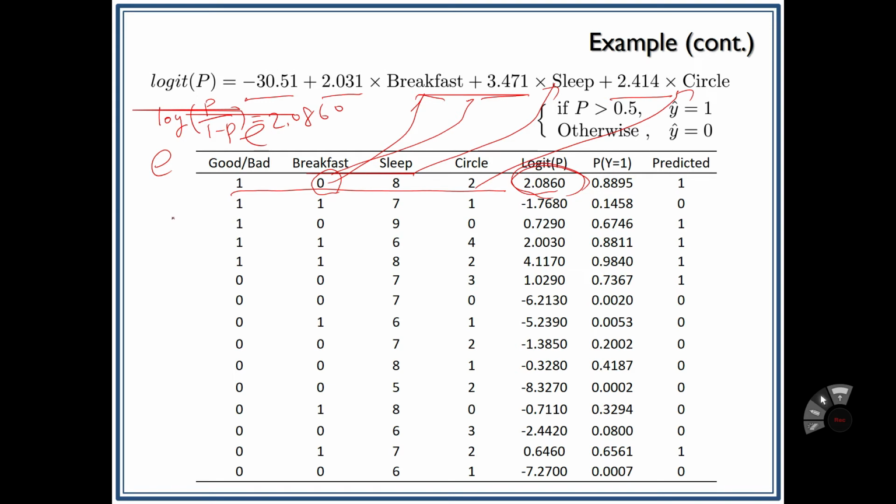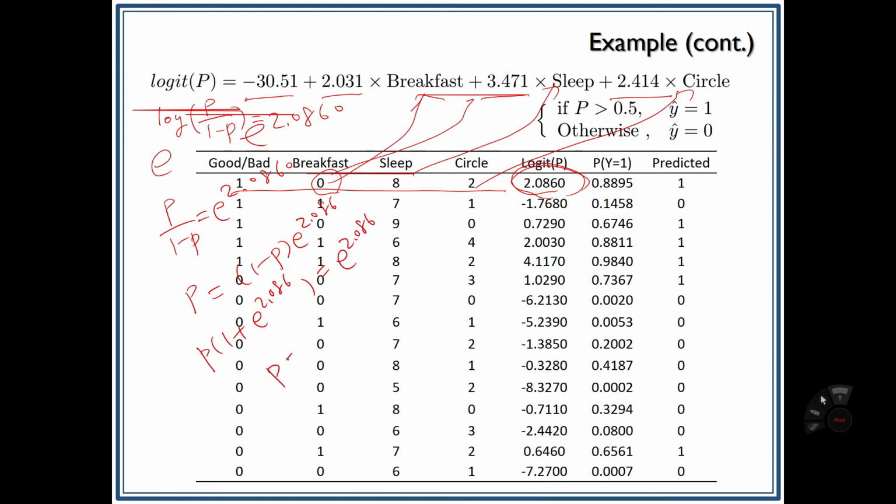Then p, by taking the exponential on both sides: p over 1 minus p is exponential 2.0860. Then p equals 1 minus p times exponential 2.0860, and then it becomes p times 1 plus exponential 2.0860 equals exponential 2.0860.